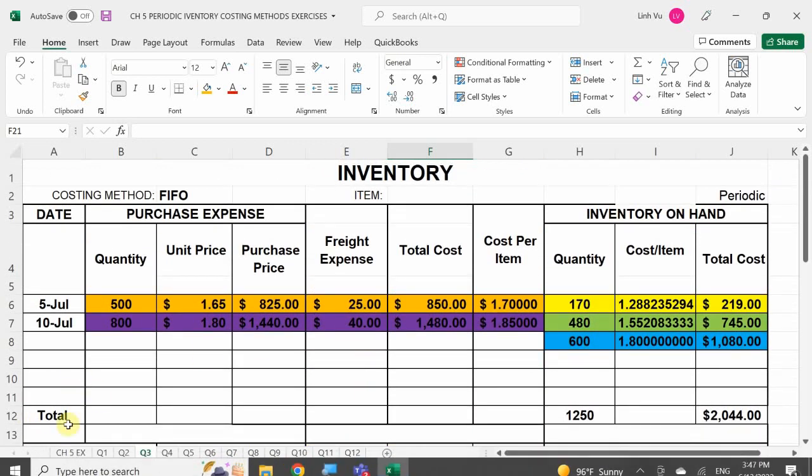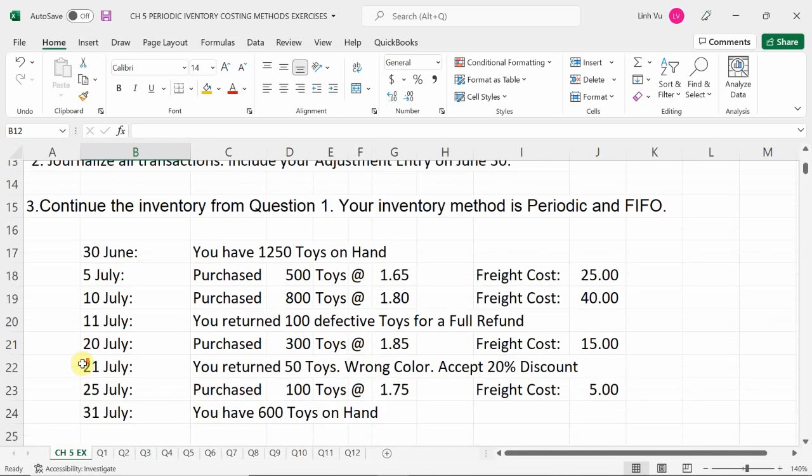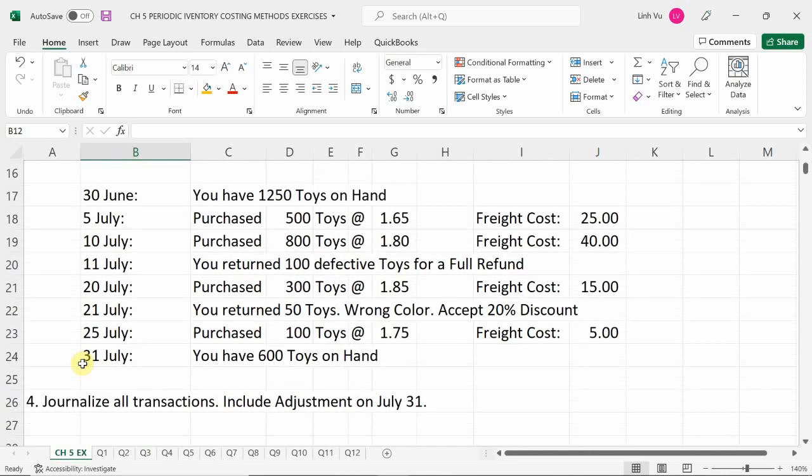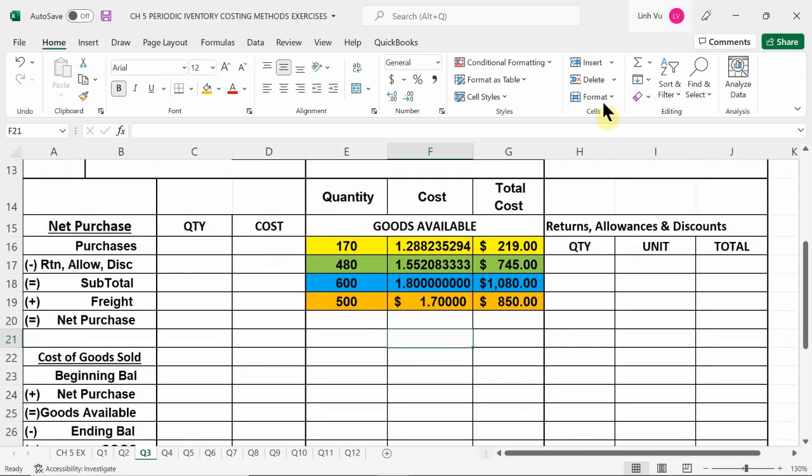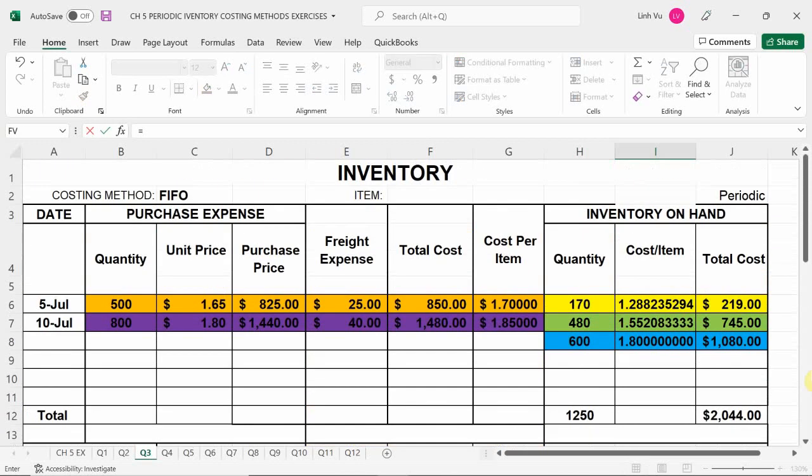So then let's see what happened next. July 11, we just mentioned this, we end up returning 100 defective toys for a full refund. They were defective, 100 of them. So therefore, we need to go to our table here. We returned 100 toys. Now, at what cost did I purchase these?